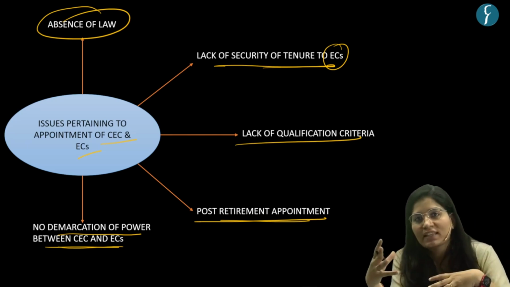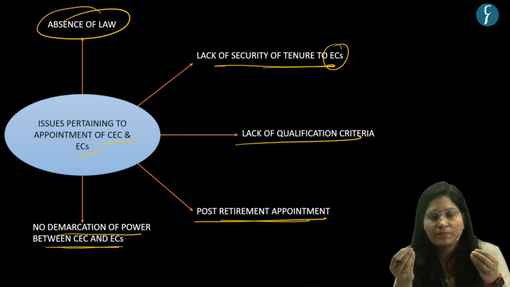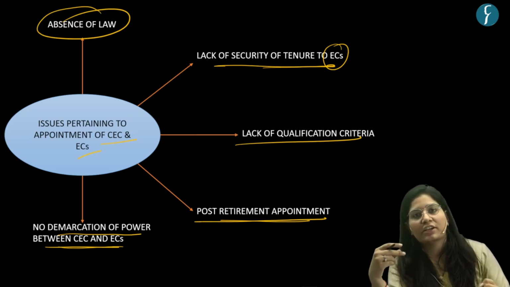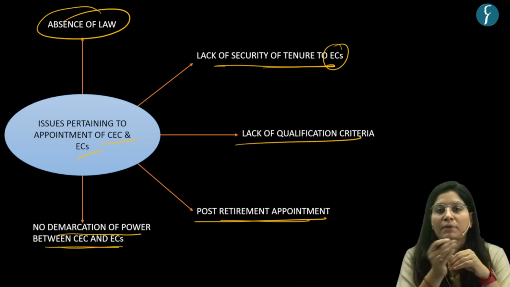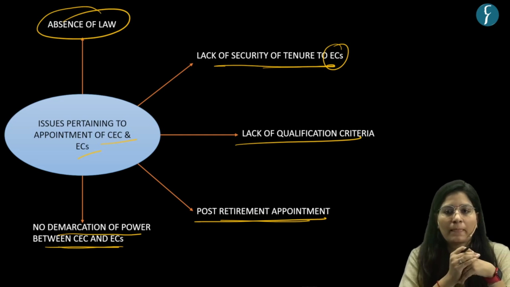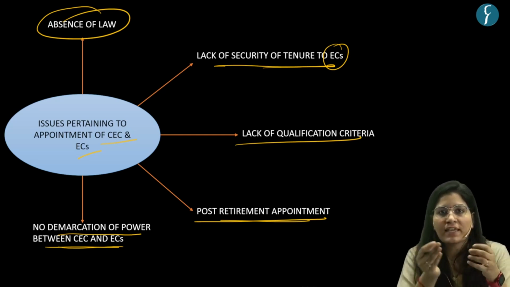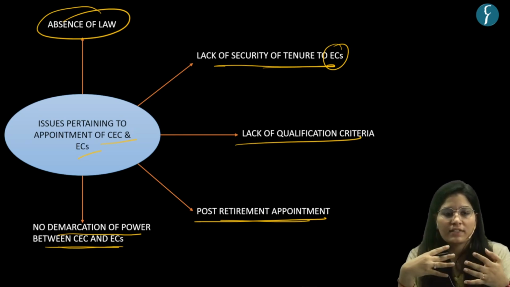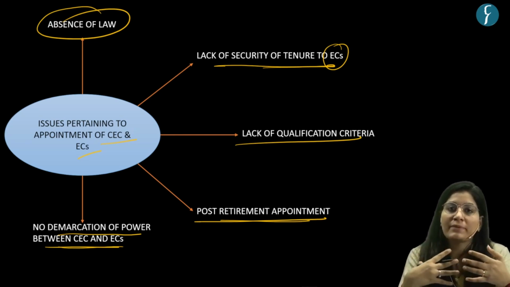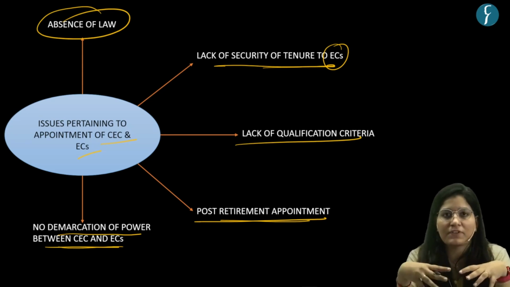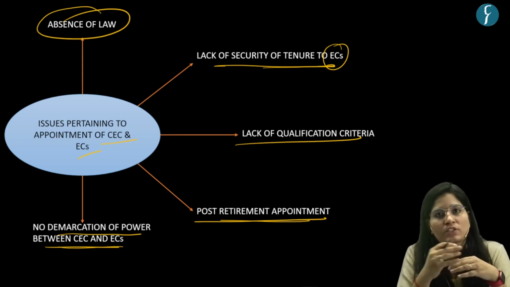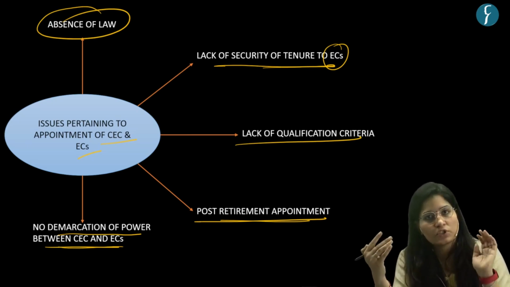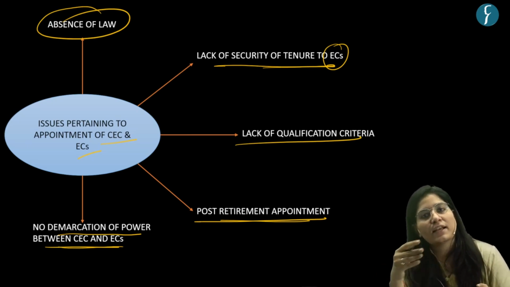To rectify these problems, or to come up with a solution, recently the government came up with a bill. But before that, the Supreme Court came with a directive, because there was a tension between government and judiciary because of these different aspects. So let's solve this. Supreme Court said, let me come up with a directive.